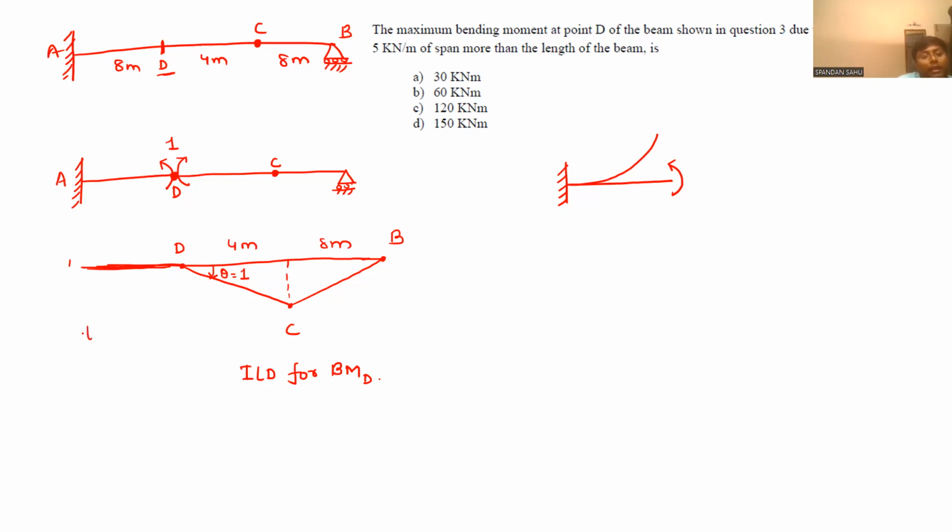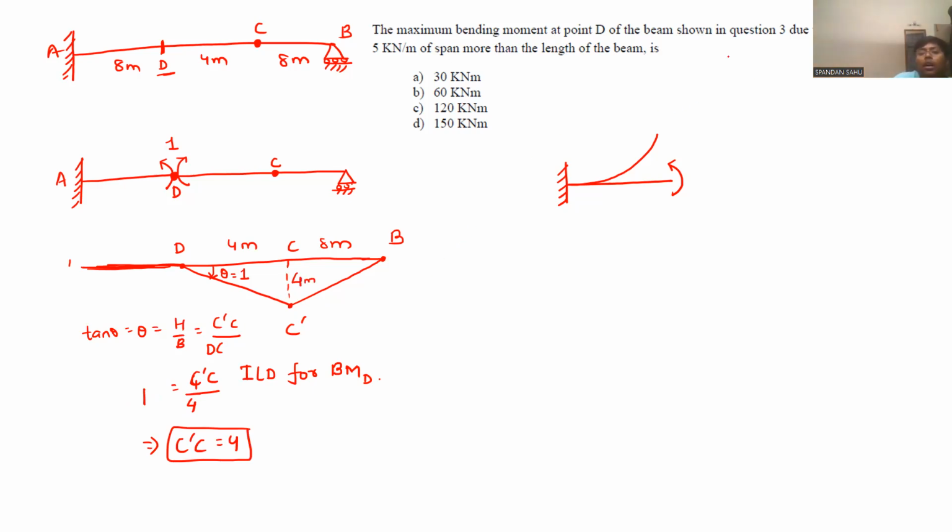So theta equals h by b, which is C prime C by DC. That will be equal to C prime C by 4, and theta is 1. So C prime C will be 4 meter. So this is 4 meter.